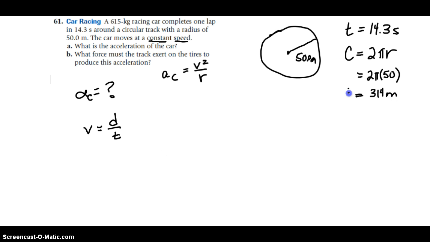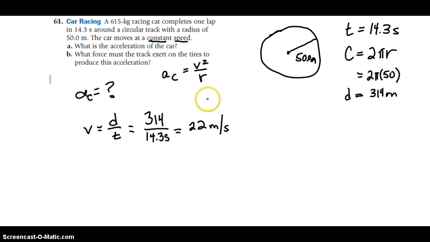So that's also going to be the distance we travel in that 14.3 seconds. So we go 314 meters in 14.3 seconds. That is going to give us a speed of 21.9, or actually 22 meters per second.